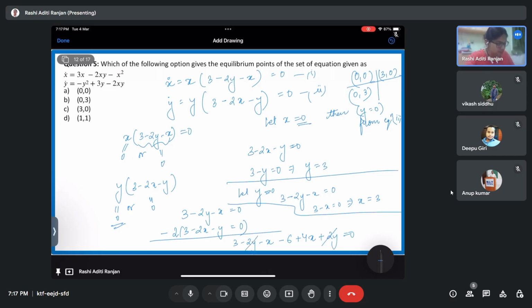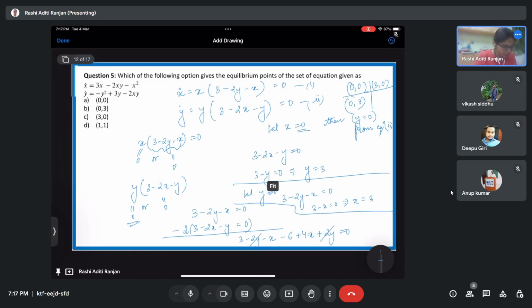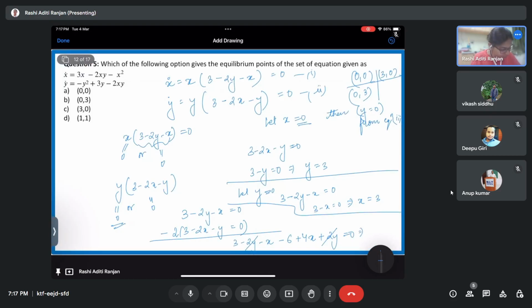This will get cancelled, and so I'm going to have 3x minus 3 equals 0, x equals 1. When I put it in this equation, I'll get 3 minus 2y minus 1, y equals 1. So my third equilibrium point is going to be (1, 1). I hope this was nothing but simple mathematics.